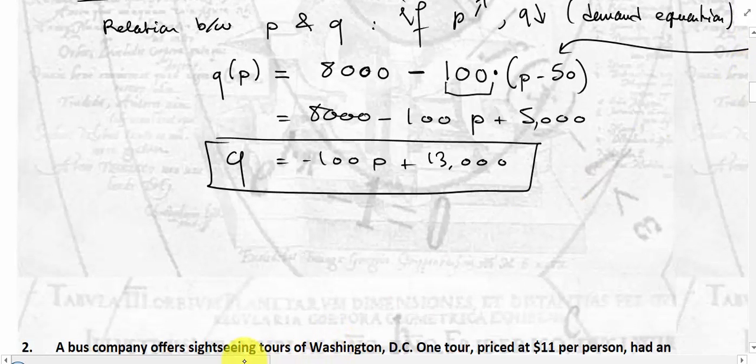Let's clean it up a little bit. So we have 8,000 minus 100 P plus 5,000, right? So it is negative 100 P plus 13,000. This is the demand equation. Q equals Q of P, okay? All right, let's get back to our revenue now. I can write my revenue as a function of the price.